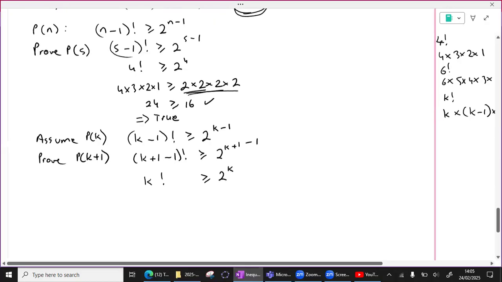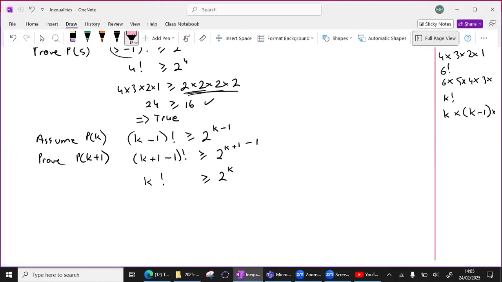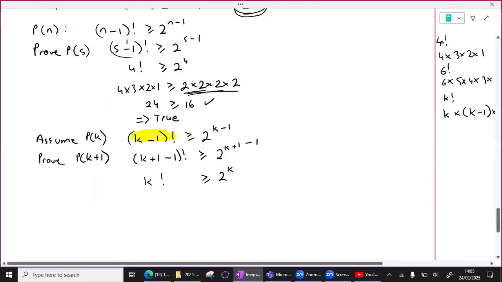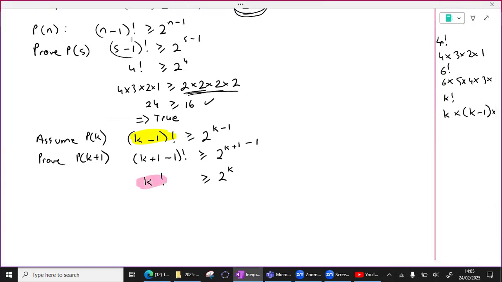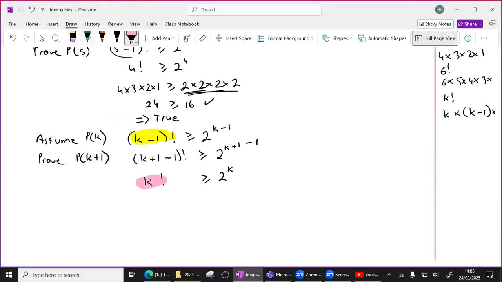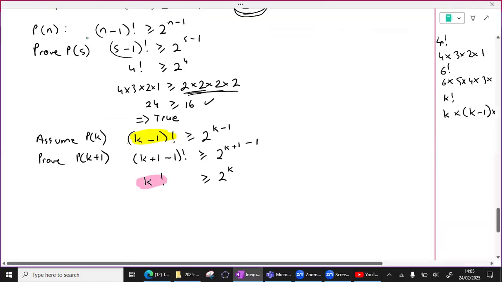Now, with our inequalities, we always need to go through our steps. So we want to turn our assumption, our yellow there, into our proof, which is our pink. So how could I possibly make this into the pink?